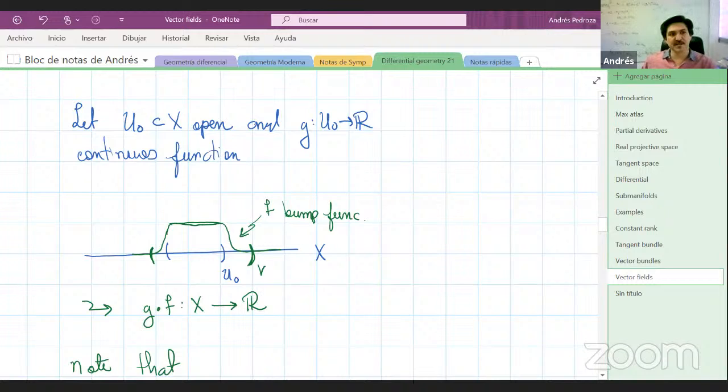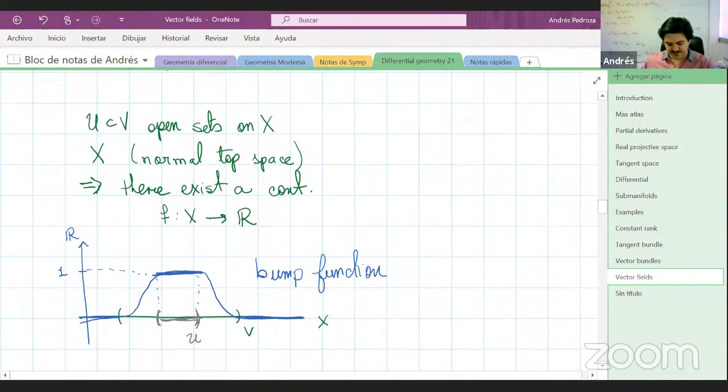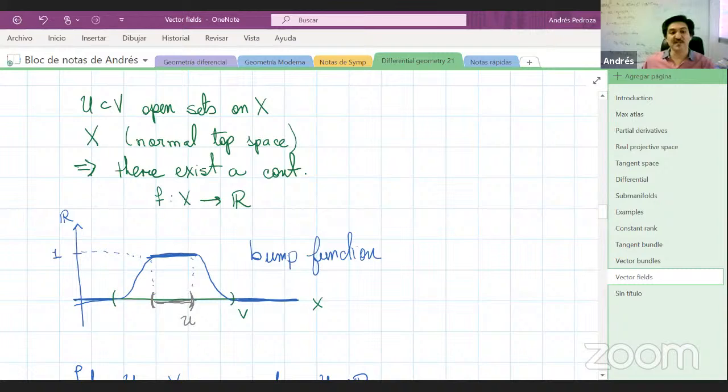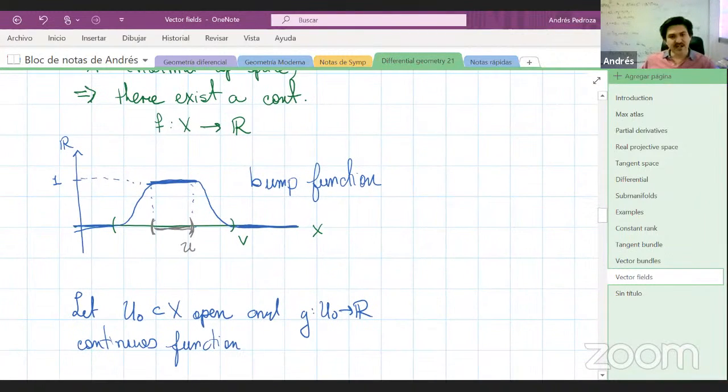Here I only discussed the continuous case, but you also need to consider for this class the smooth case. The open sets are the same, but instead of having F continuous, we will require F to be smooth. And the application is the same. G, a smooth function, can be extended to all of the manifold by using a bump function.